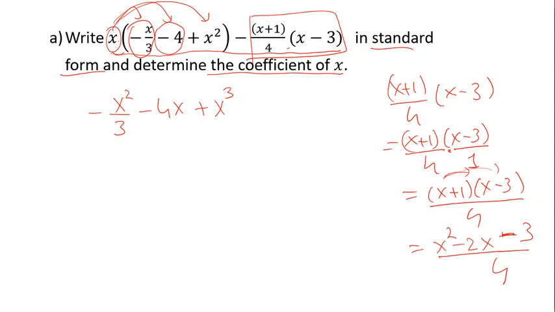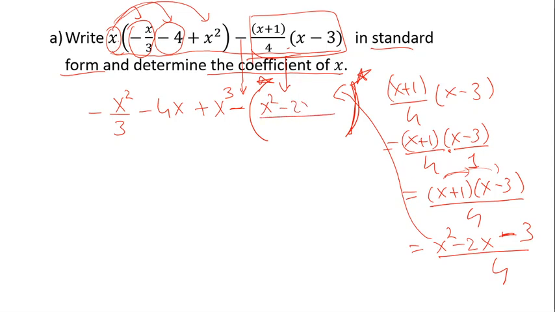But be careful here. This is important: if you have a minus here, then put them in parentheses. So x squared minus 2x minus 3 over 4.